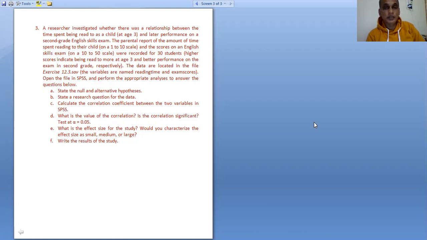And we have the two variables, that is reading time devoted at the age of 3 for the child and the exam scores of the child in the English skill exam when she or he was in second grade. Here we have to state the null hypothesis and the alternate hypothesis first. Answering the A part, we all know the null hypothesis is that rho is equal to 0.